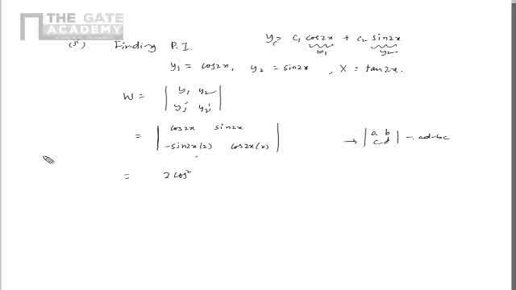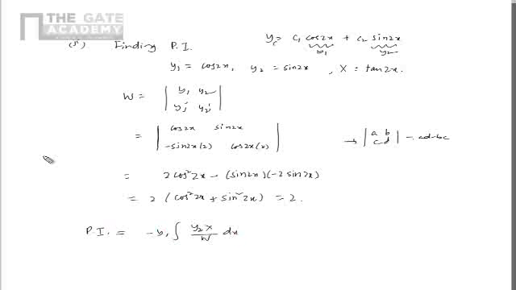So here 2 cos square 2x minus sin 2x times minus 2 sin 2x. This becomes 2 times cos square 2x plus sin square 2x, which is 1 by the trigonometric identity. So w comes out to be 2. Now for the particular integral, we just recall the formula: minus y1 integral y2 X by w dx plus y2 integral y1 X by w dx.